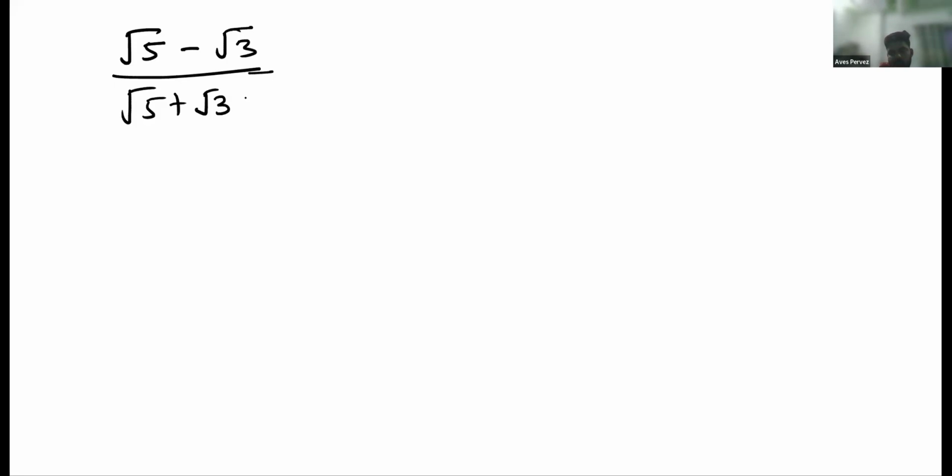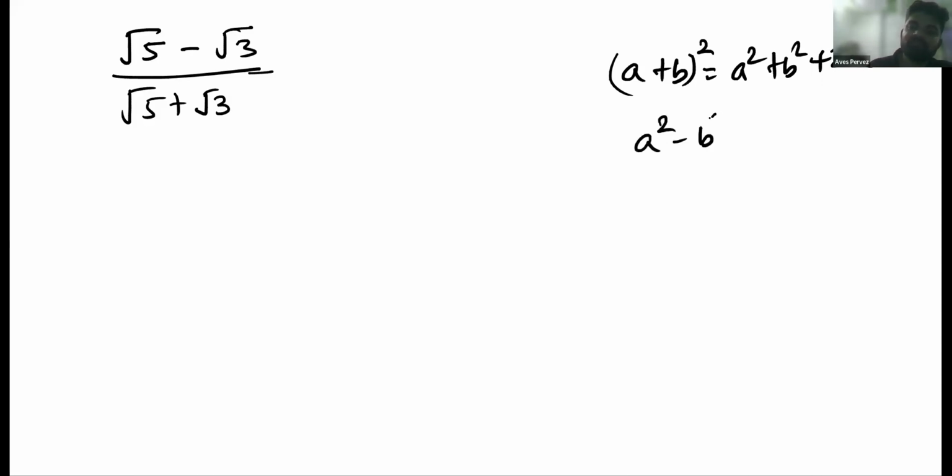So let me help you, Rima. You know that a plus b whole square is equal to a square plus b square plus 2ab. Have you studied this formula? Yes, I heard this. A square minus b square is equal to a plus b into a minus b.